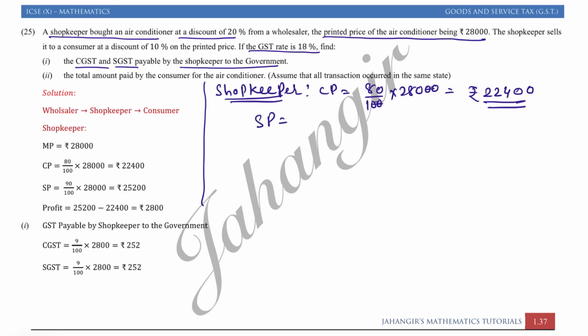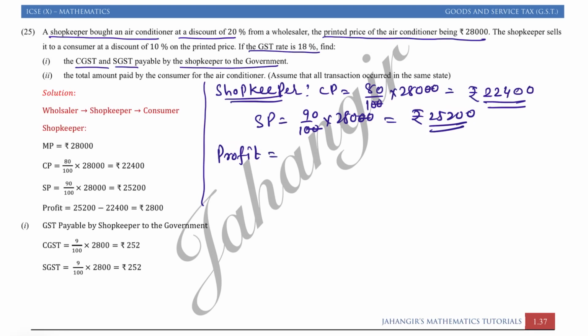Now SP is what? Selling at 10% discount. So 90% of 28,000. So 0 will get cancelled. 28 into 9 is rupees 25,200. So we got CP as well as SP. Now we will find profit, because shopkeeper will pay CGST and SGST on its profit.